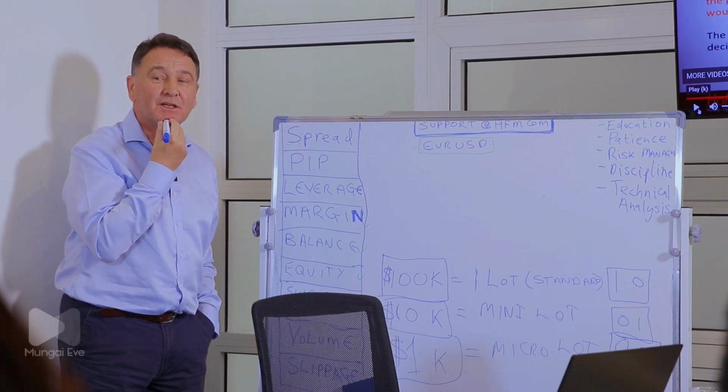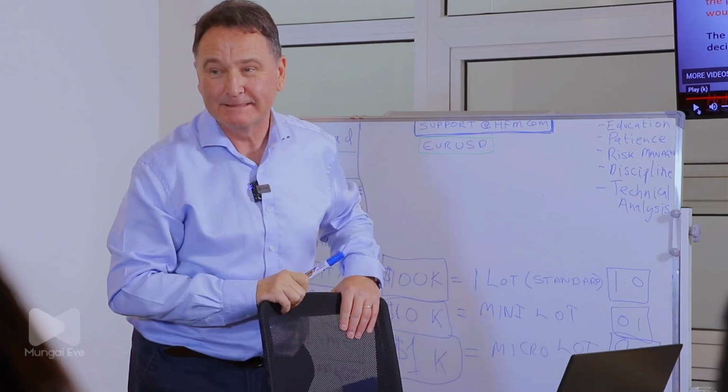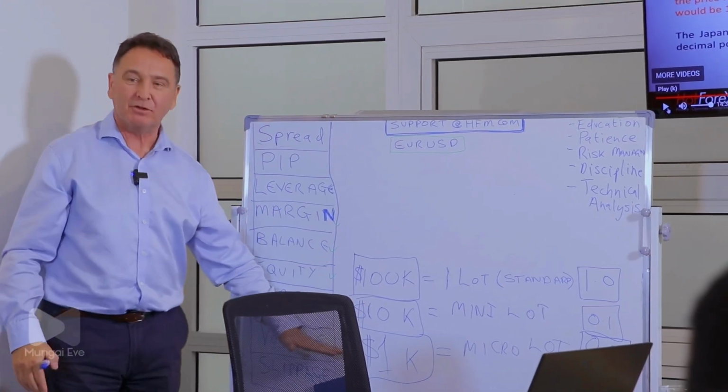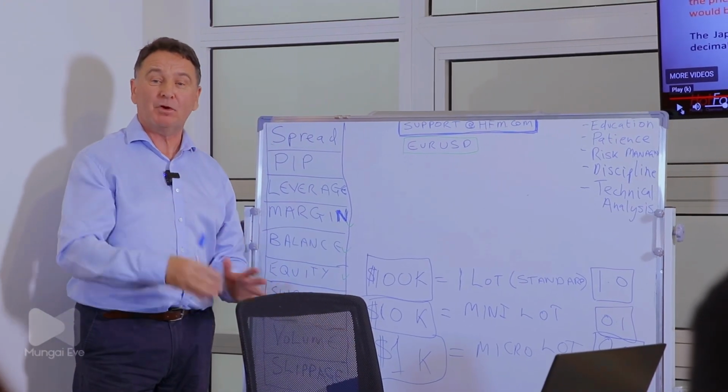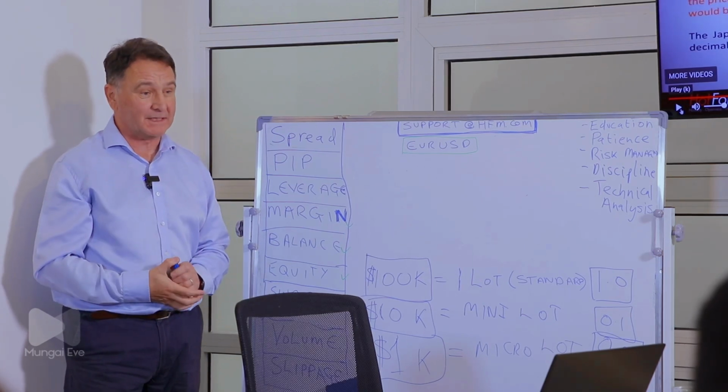Somebody just said it. Come on, it's like being back at school again. 100 times. So if you're trading with a full lot compared to a micro lot, you've got 100 times more risk out on the table. So be very, very careful about the lot size that you trade.